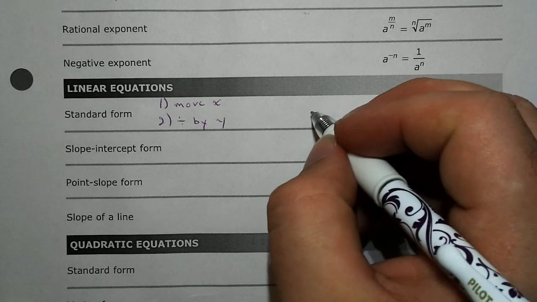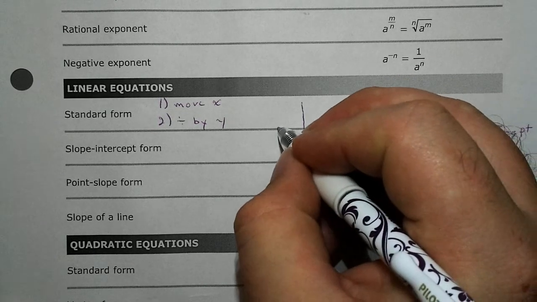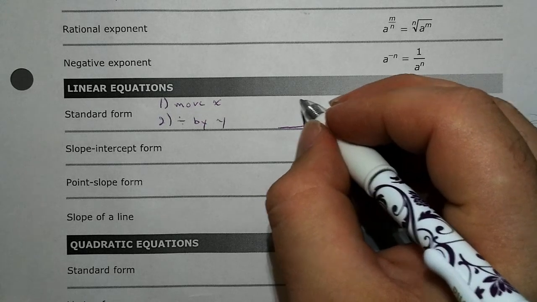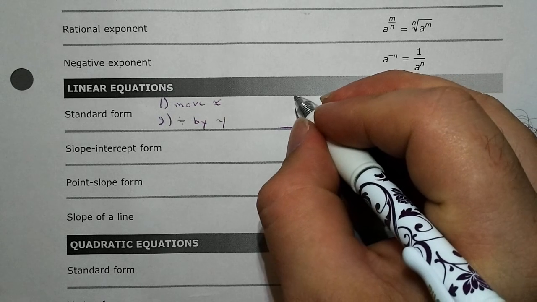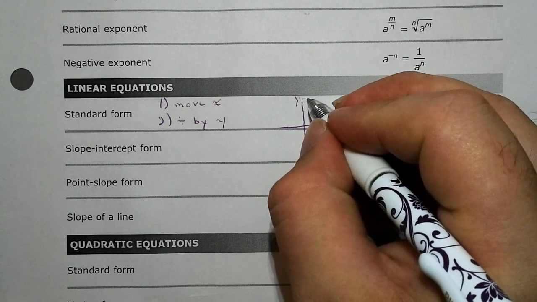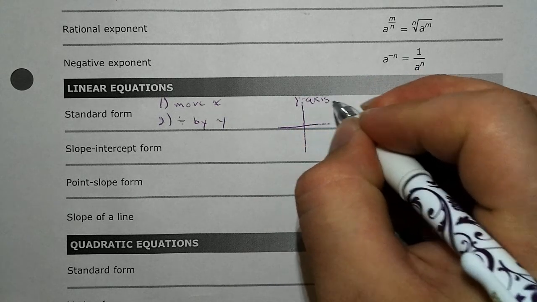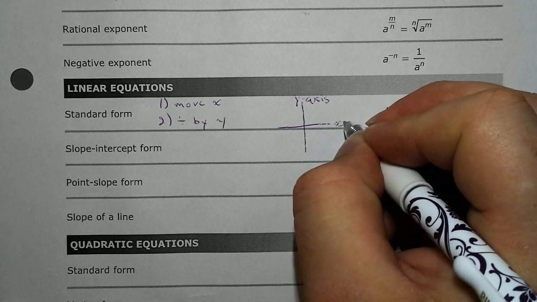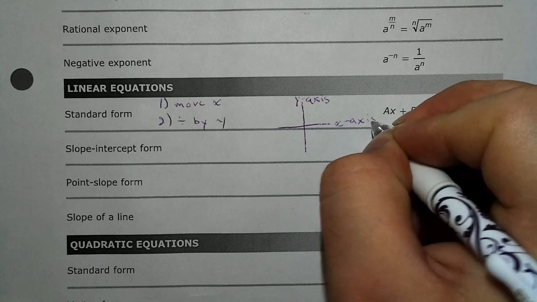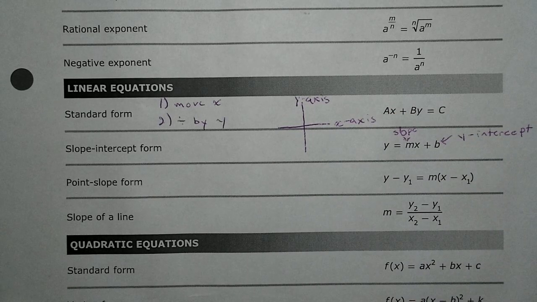As a reminder, on every coordinate grid, the line that goes up and down separating the grid in half, that is your y-axis. The one going left and right is your x-axis. I know some of these may seem redundant, but I want you to write them down anyways, just so you have that extra bit of practice.